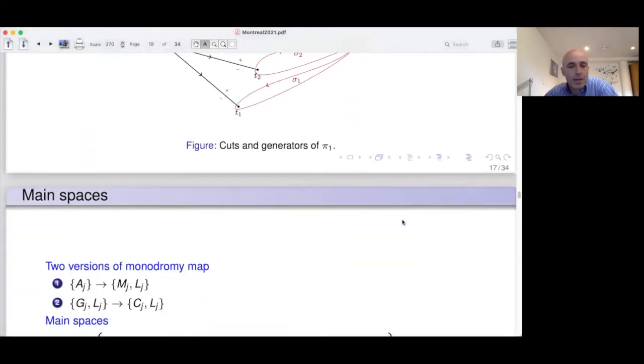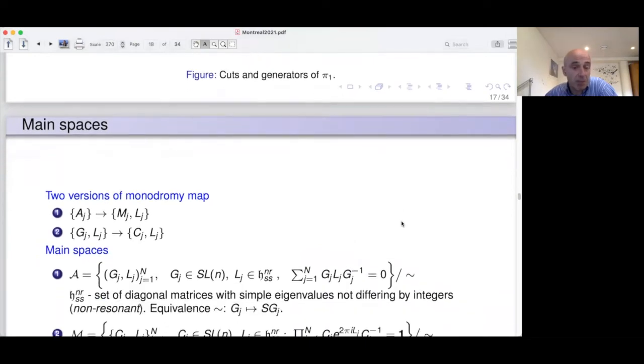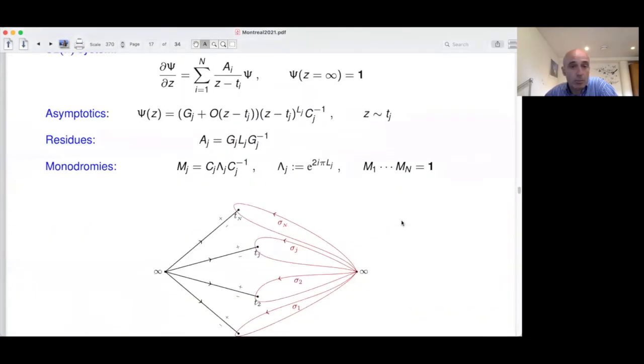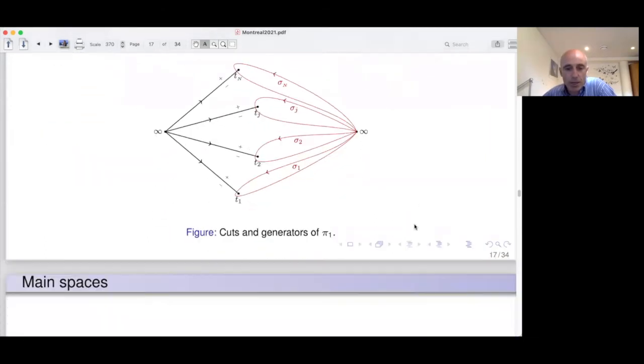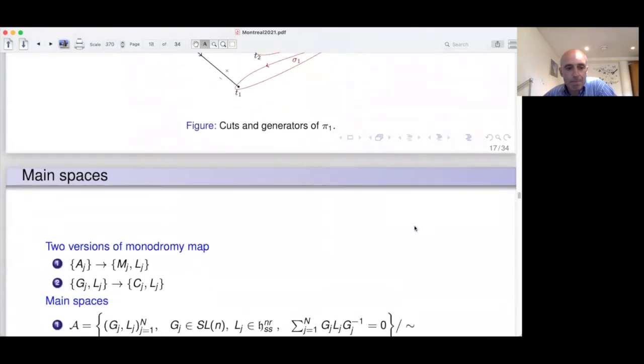Let's see now the monodromy map. So what is the monodromy map? The monodromy map takes A's and T's to compute the monodromies, right? And there is a Riemann-Hilbert problem, taking T's and M's to compute A's, right? So the inverse and direct scattering problem, if you like.